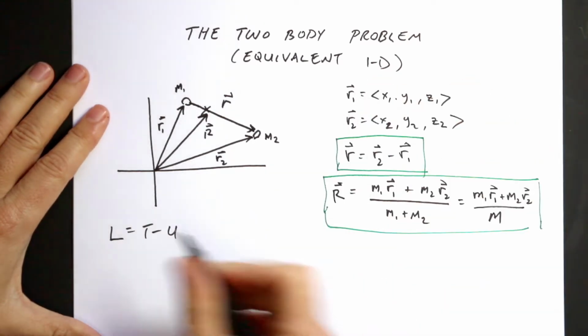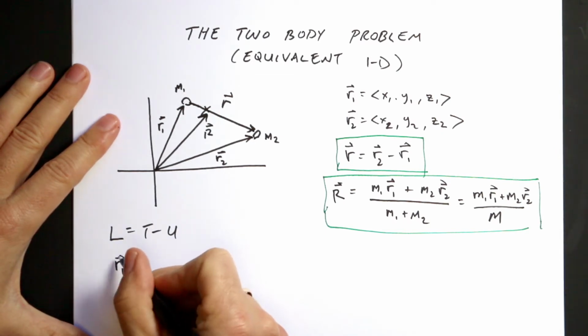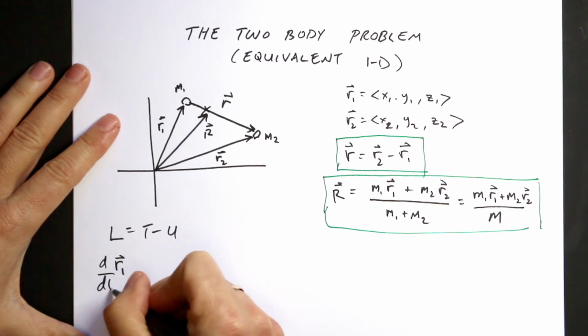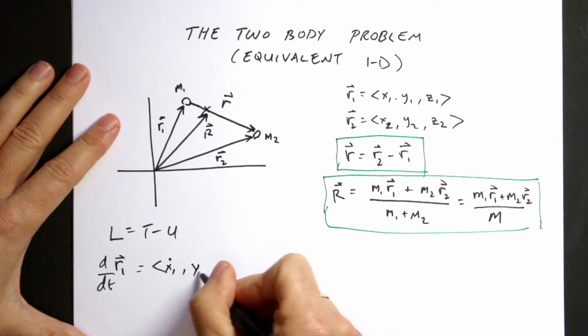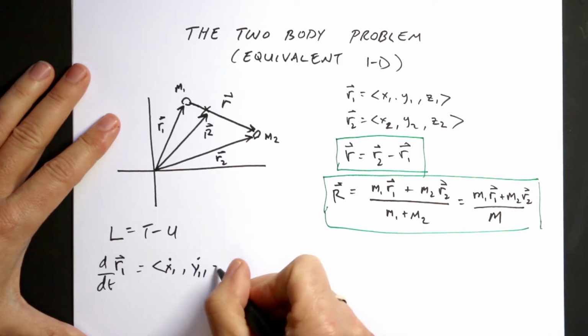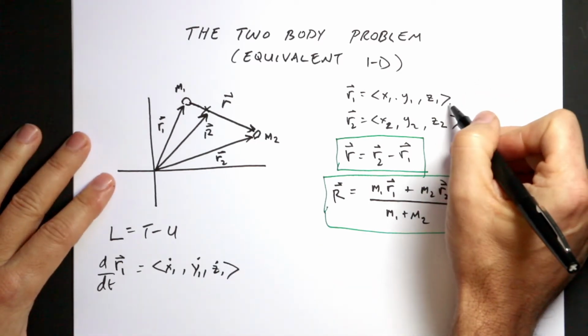Okay, so let's go up here and say r1 dot, dr1/dt, is the velocity of 1, and that's going to be equal to x1 dot, y1 dot, z1 dot.